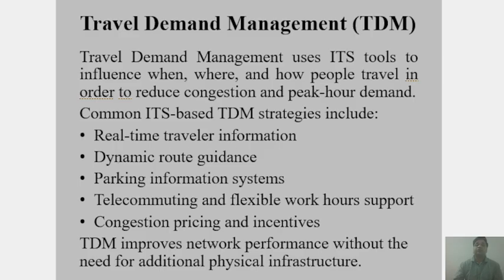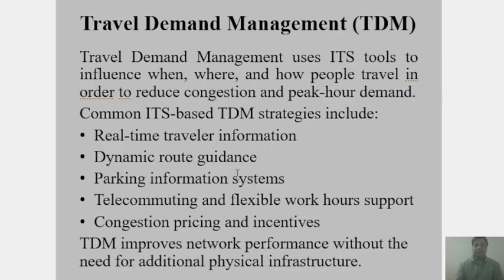Dynamic route guidance. So this TDM gives route guidance. Route guidance in the sense, suppose we want to go from one point to another point. There can be one or more routes. So which route to be taken, which route to be preferred, that guidance also can be given by travel demand management. Parking information system.